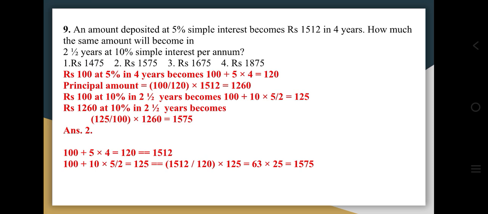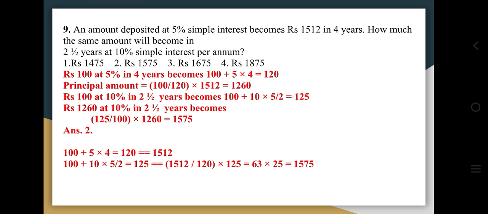1260. So now we have to calculate the interest for 1260 at 10% rate for 2.5 years, and then add that to 1260. We can do that using the PNR by 100 formula.